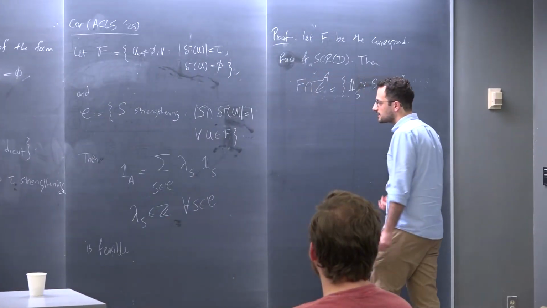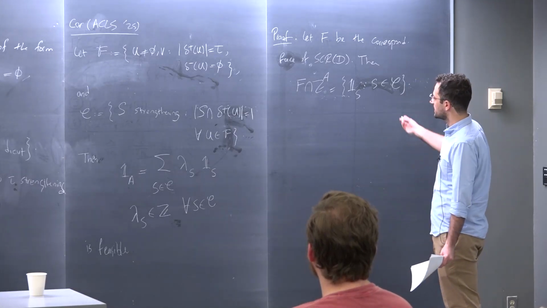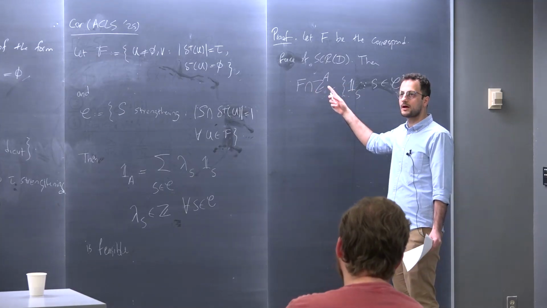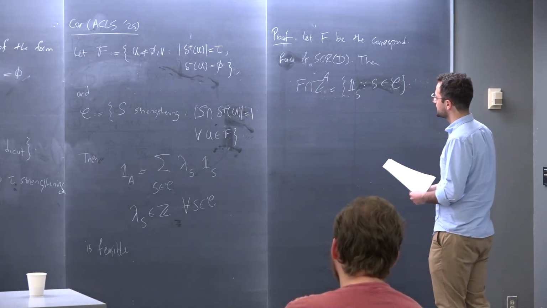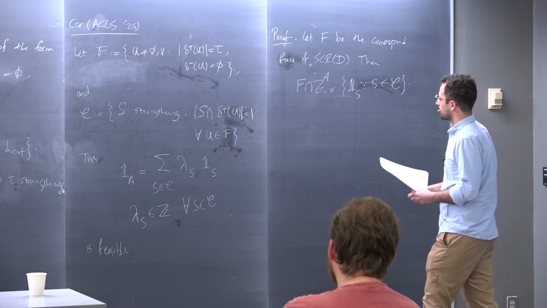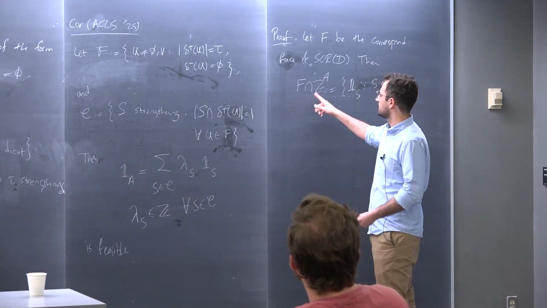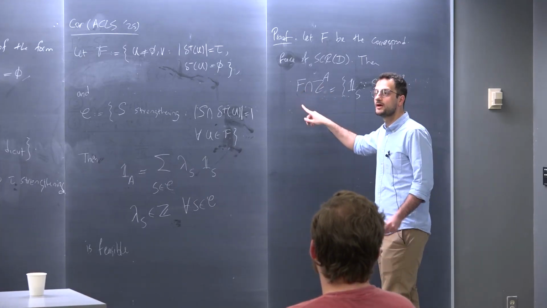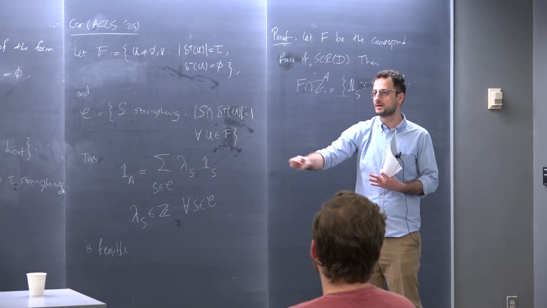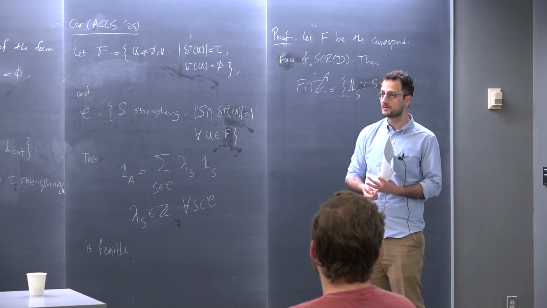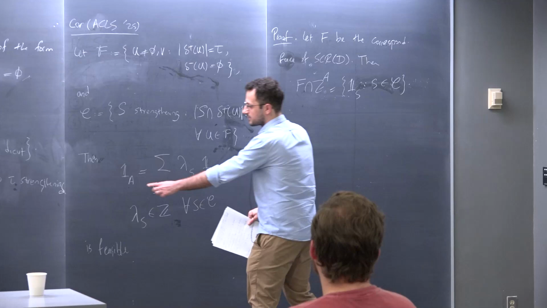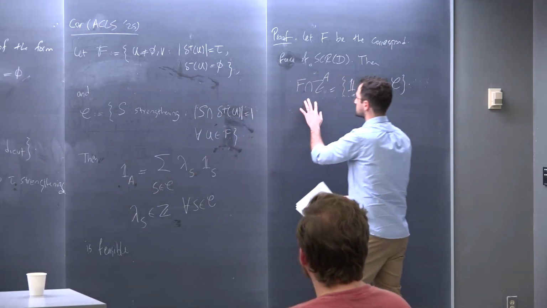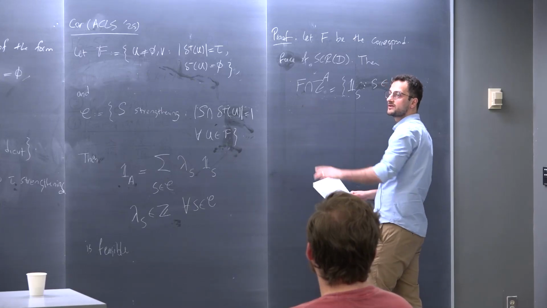So what we know now is that if I look at the integer lattice generated by the points in here, it's the densest possible lattice in its linear hull, right? So to make sure that the all ones vector is in that lattice, all I need to make sure is that the all ones vector is in the linear hull.